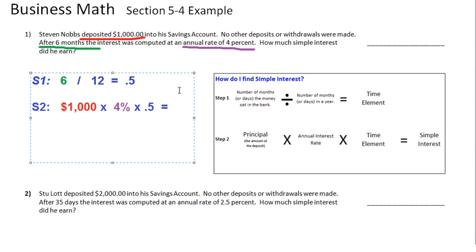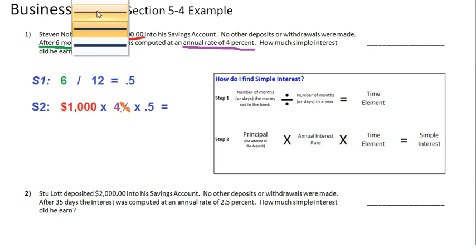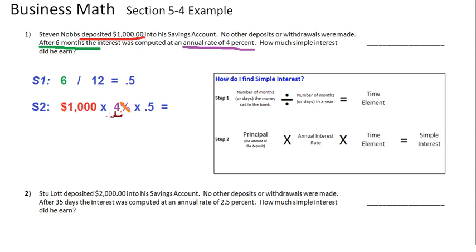Now, if we multiply this all out, we're going to get our answer. But as I was hinting at a few moments ago, we have to get rid of that percent sign. Imagine that there's a decimal right there, and move that decimal over 1, 2. You move it over because now it's going to become 0.04.